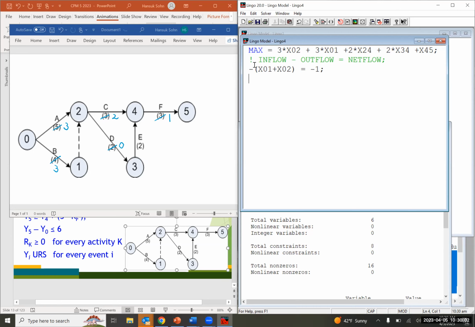For event number 1, we have 1 inflow from node number 0, so x01, and we have 1 outflow that goes to event number 2, so x12, equals 0. And for event number 2, we have 2 inflows, x02 and x12, minus x23.